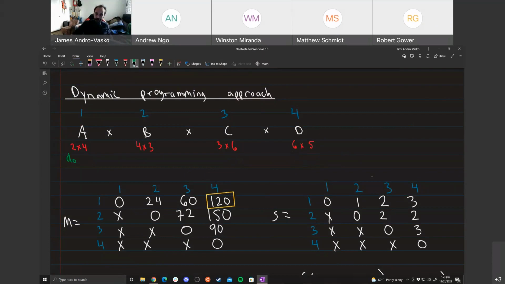Essentially, d0 is this. d1 is going to be basically this 4. And d2 is going to be that 3. Then d3 is this 6. And d4 is that 5 at the end. I'll put this over here, same thing. There. So that's the right idea.